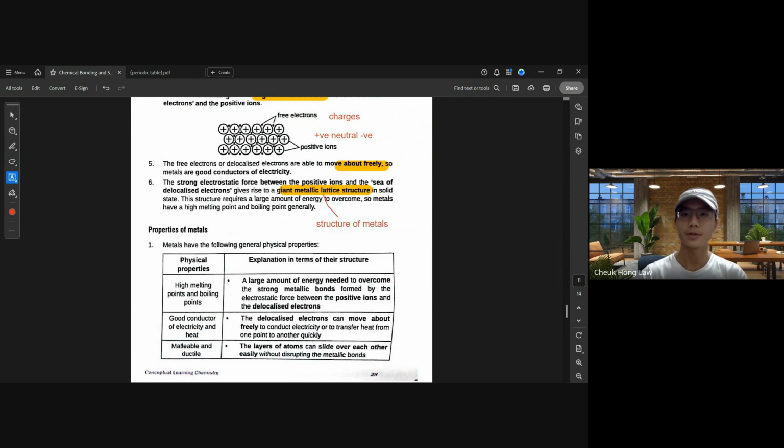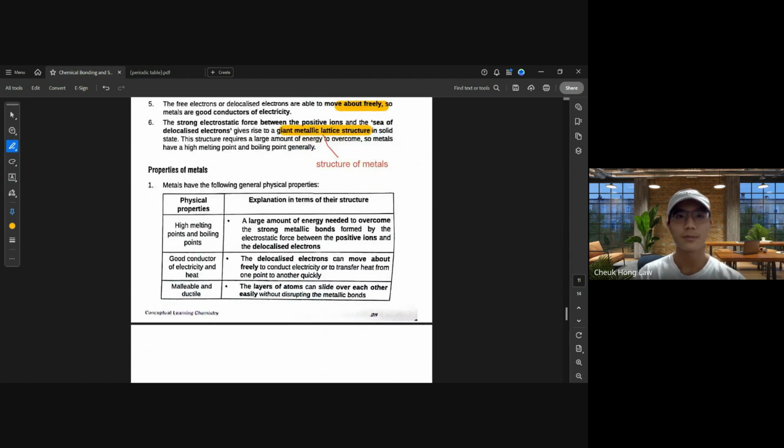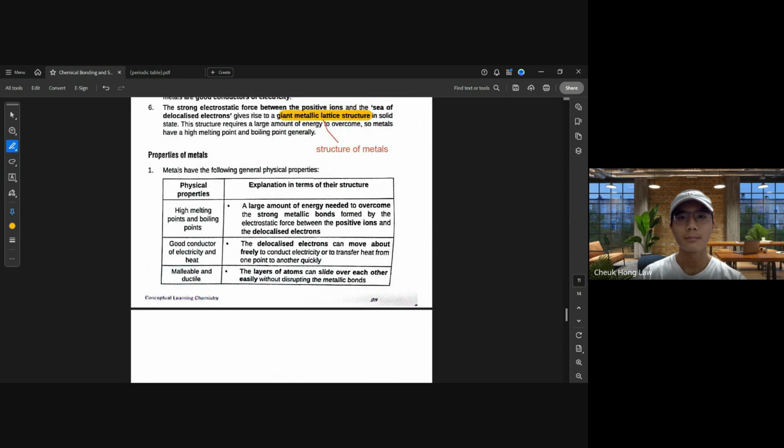You're going to write this if the question asks you to explain in terms of structure, or describe the structure. So metals have these properties: high melting and boiling point, because it has strong metallic bonds, right? Because of the electrostatic force between the positive ions and delocalized electrons. So it has strong metallic bonds, a lot of energy is needed to overcome.